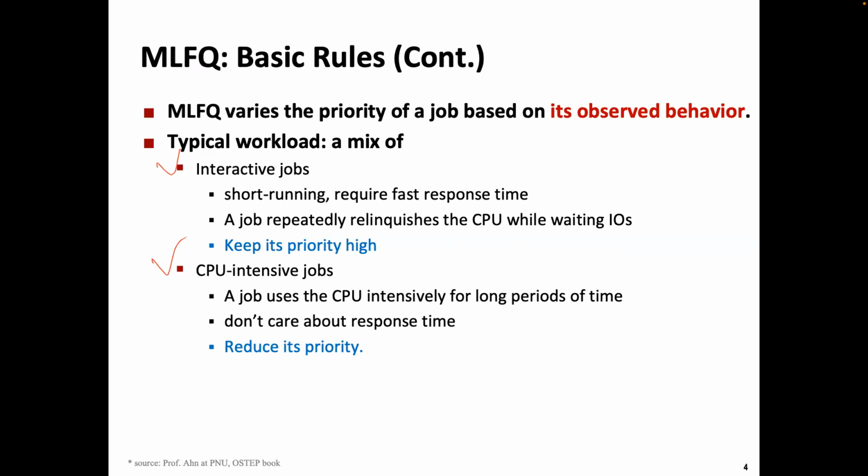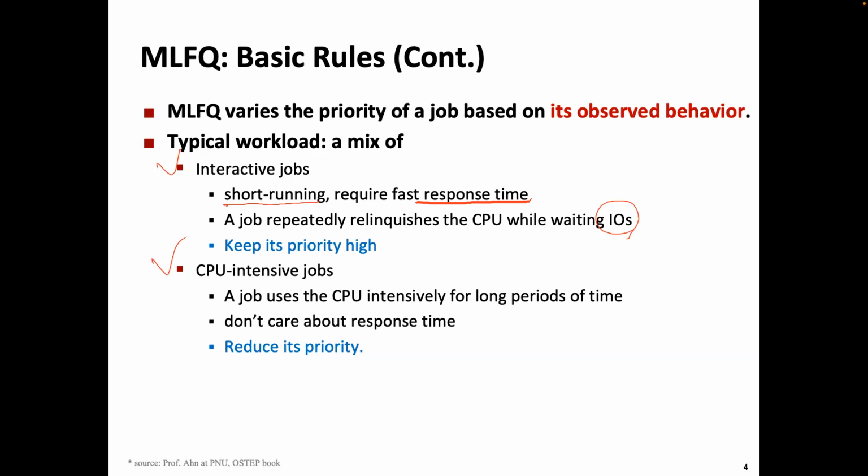So you could see that there are two types: interactive jobs and CPU intensive jobs. 보면 알 것 같아요. short running이고 response time을 빨리 해야 되는 거고, 얘는 예를 들어서 IO를 가지고 있는 잡이 이 인터랙티브 잡이라고 보면 될 것 같아요.